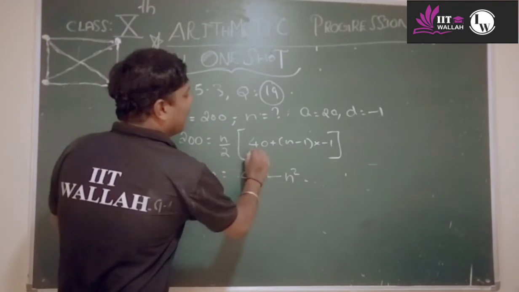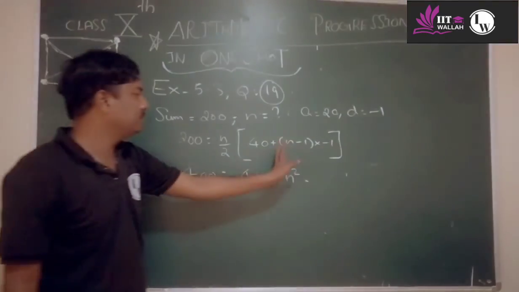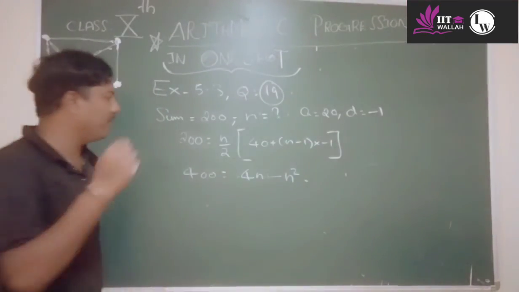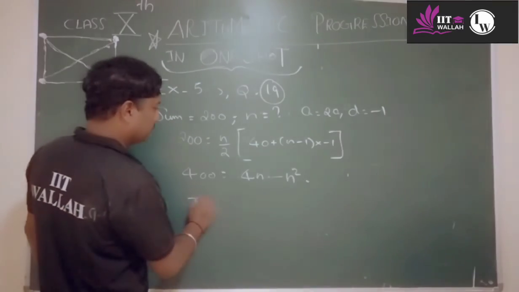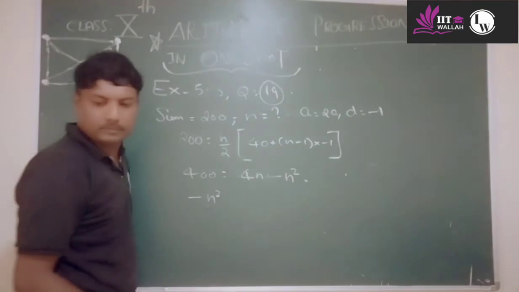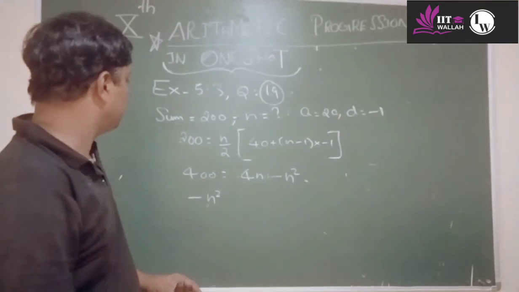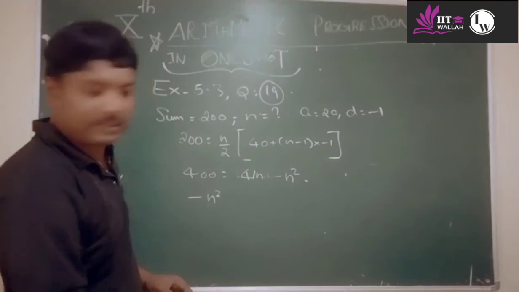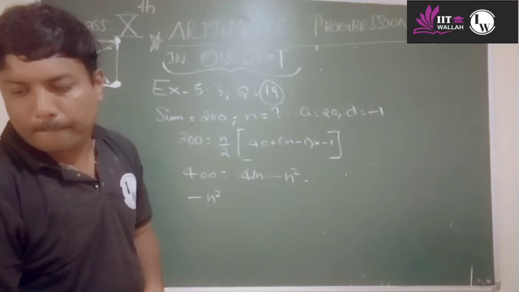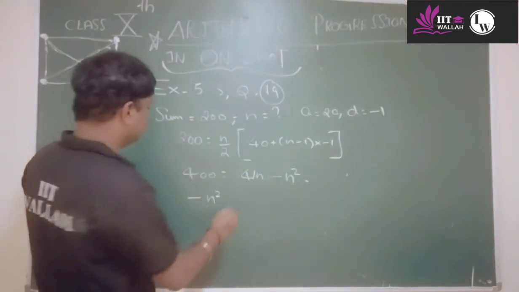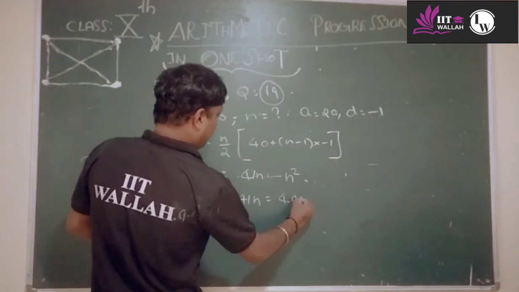If you simplify this, you can do it yourself. This simplification is so easy. Okay? 40n. So we are getting minus n square plus 41n is equal to 400.